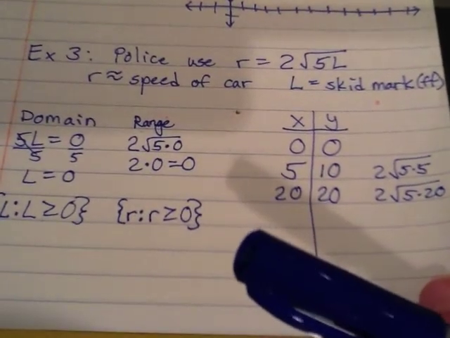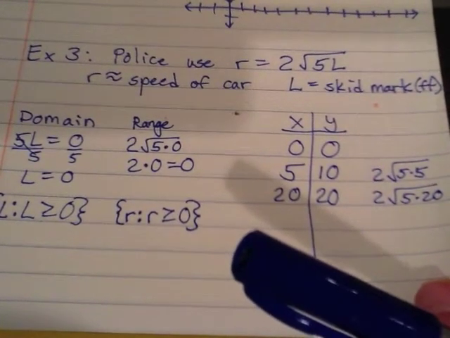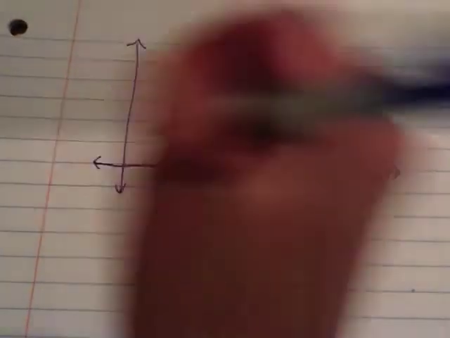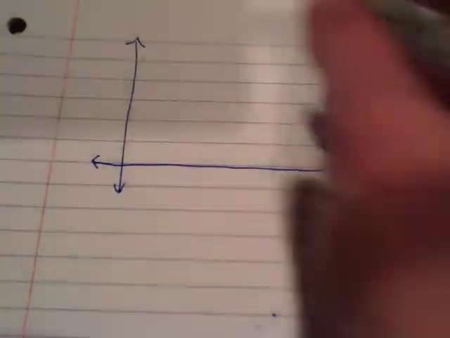So remember those points. Hopefully you have room on your paper. I'm going to turn my paper. And when I set up my graph, I know I'm dealing with real life, so I'm going to have the first quadrant, because I'm not going to have negative values there. And I need to remember I'm going all the way to 20.